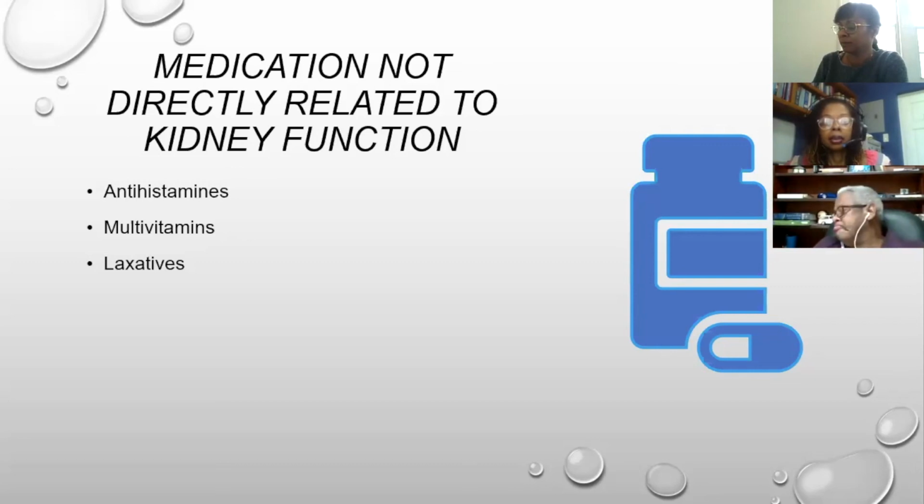And other medications which we might give are liquid medications. If you're given a liquid to assist as a laxative, you have to remember that it is a liquid and you need to measure that and take it out of your daily dietary allowance of liquids.